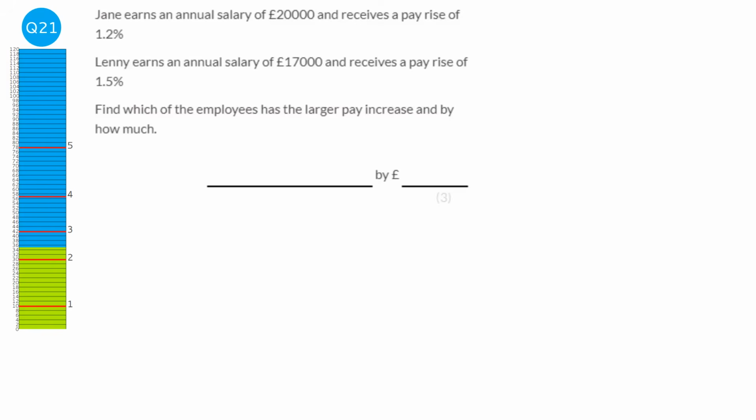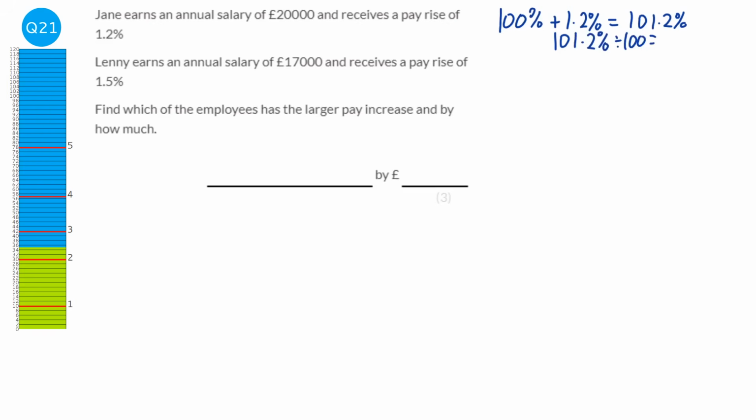So firstly, we're going to work out what the percentage increases are as a multiplier. So we start off with 100%. Jane has a 1.2% pay rise, sorry, and so that would be 101.2%, and we divide that by 100 to make it a multiplier.